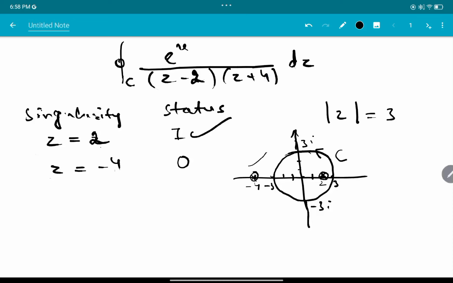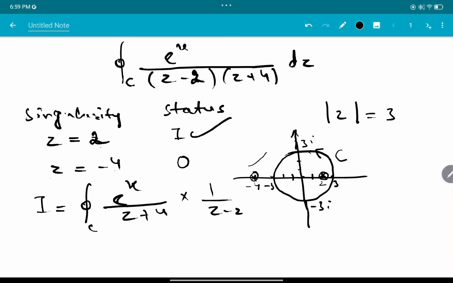So I will write this integral like this. I is equal to the integral over C of e raised to x divided by z plus 4, into 1 by z minus 2, dz.